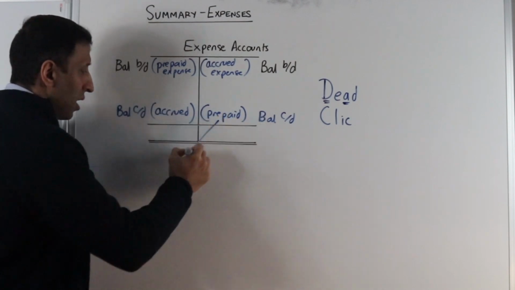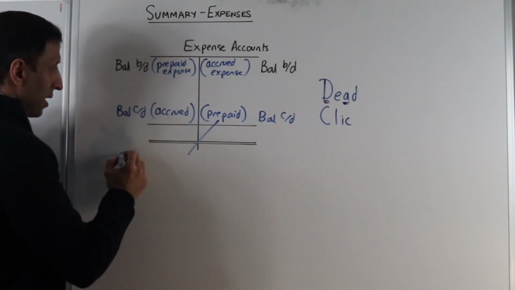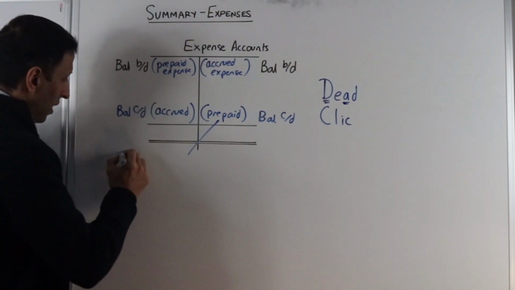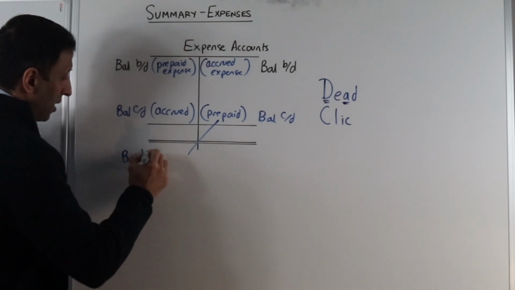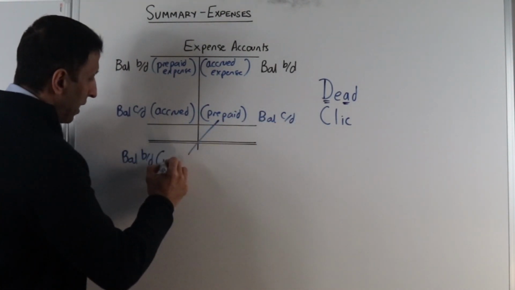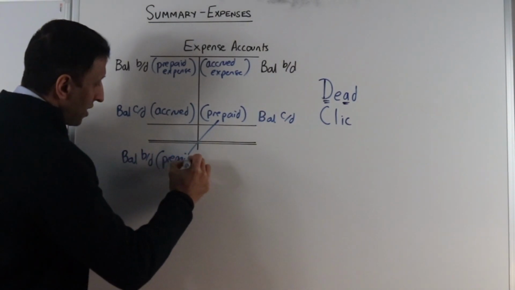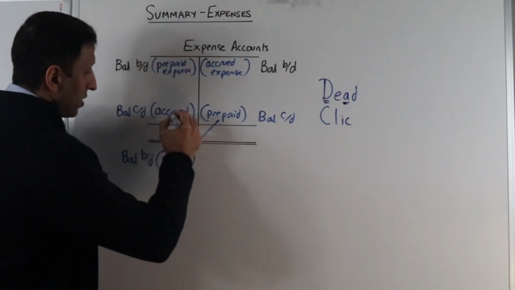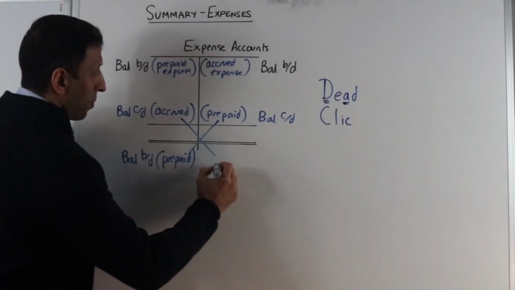And obviously a prepaid expense at the end of the year would represent a balance brought down. A prepaid carried down there would come down on the other side, on the debit side.